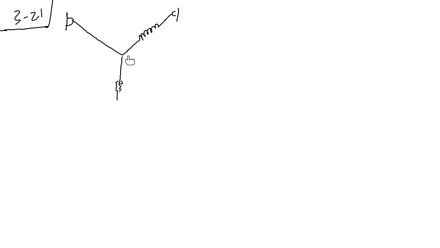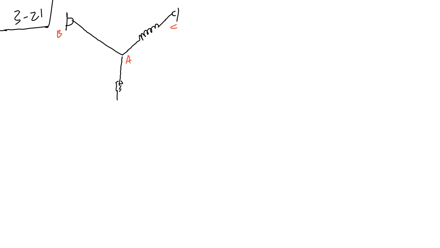spring AC, so we're calling this middle point A. And yeah, so determine the unstretched length of spring AC if that force pulling down here is equal to 80 pounds.